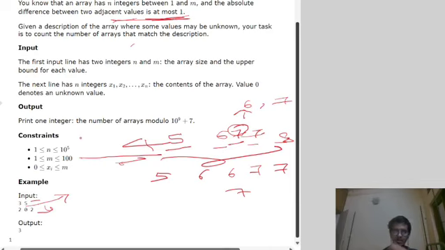But since the value of n is very large, 10 to the 5, we cannot apply brute force, counting the different combinations and permutations. Any combination can be possible.